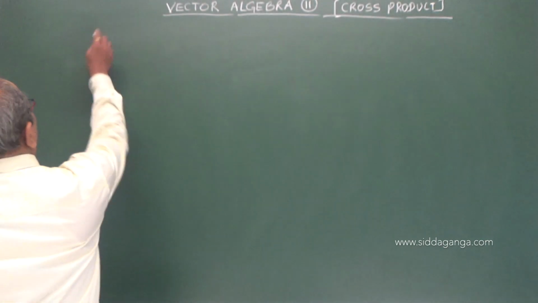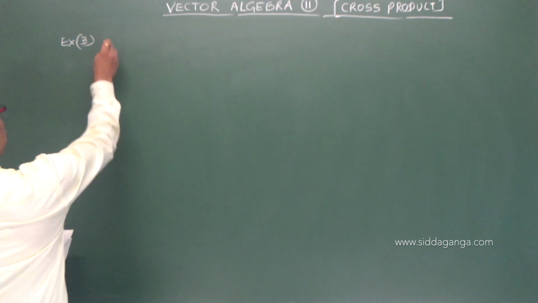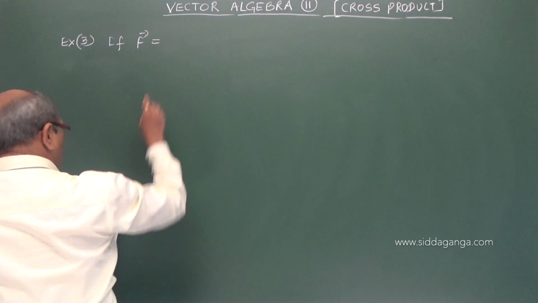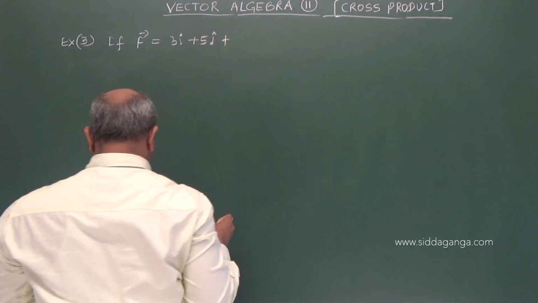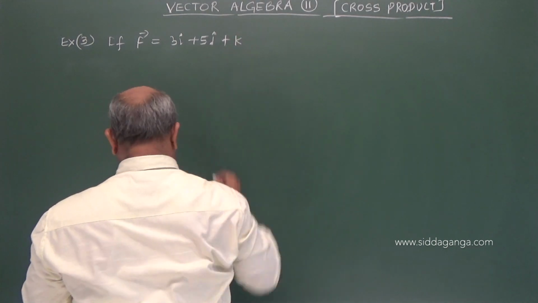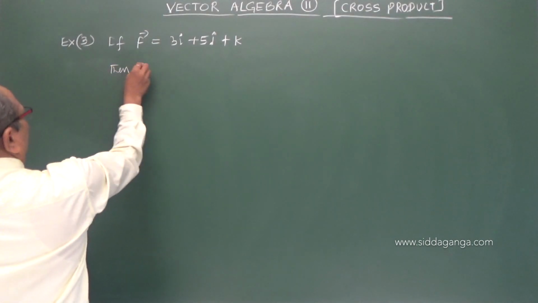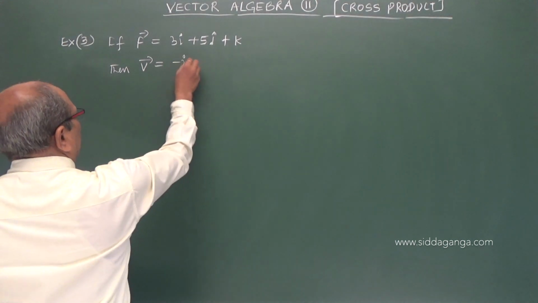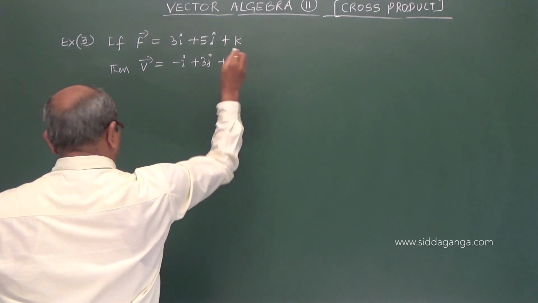Let's come to another example. Third: if force F equal to 3i plus 5j plus k, then the velocity vector is given as minus i plus 3j plus 6k.